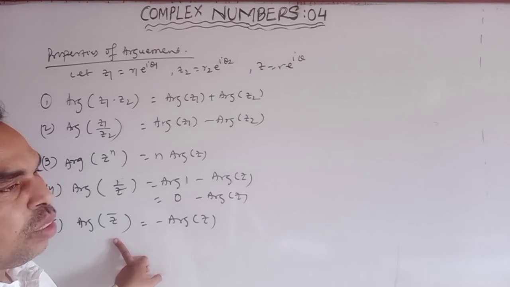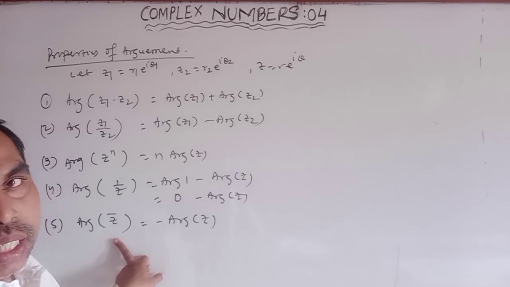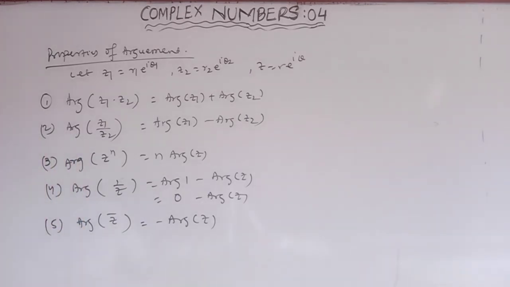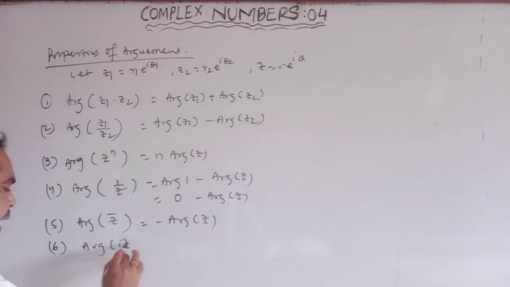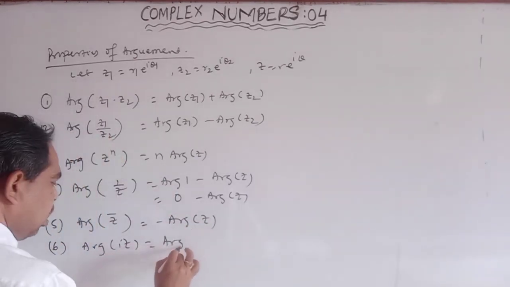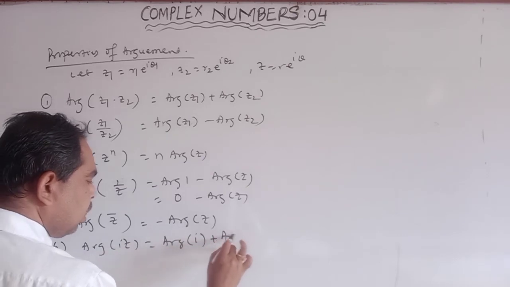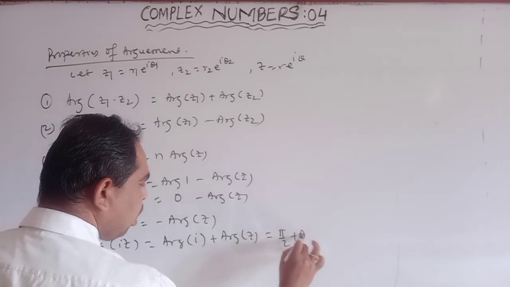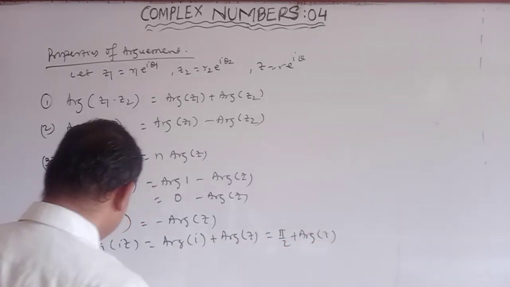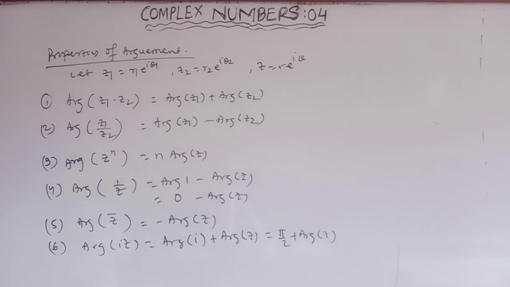So theta lies in the first quadrant, minus theta lies in the fourth quadrant, so minus arg z. 6: arg of iz is equal to arg i plus arg z, and arg i means pi by 2, so pi by 2 plus arg z. Okay, these are the properties of argument.